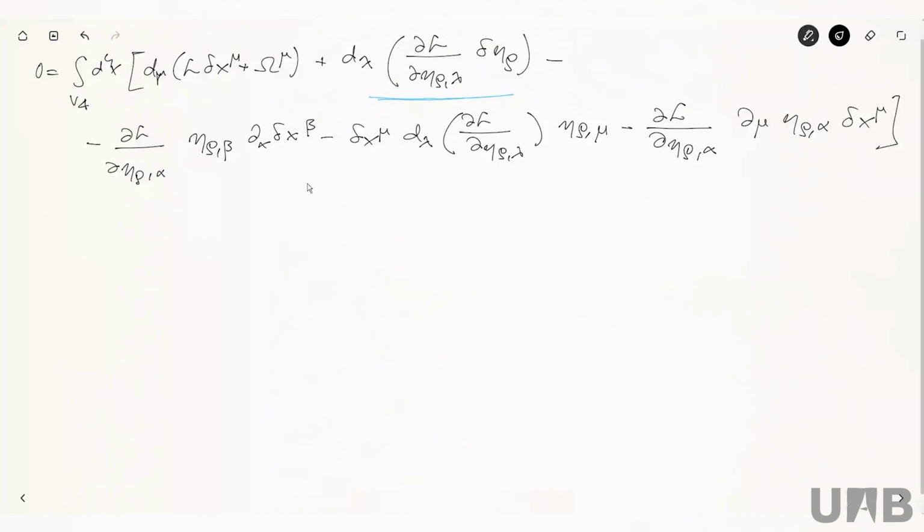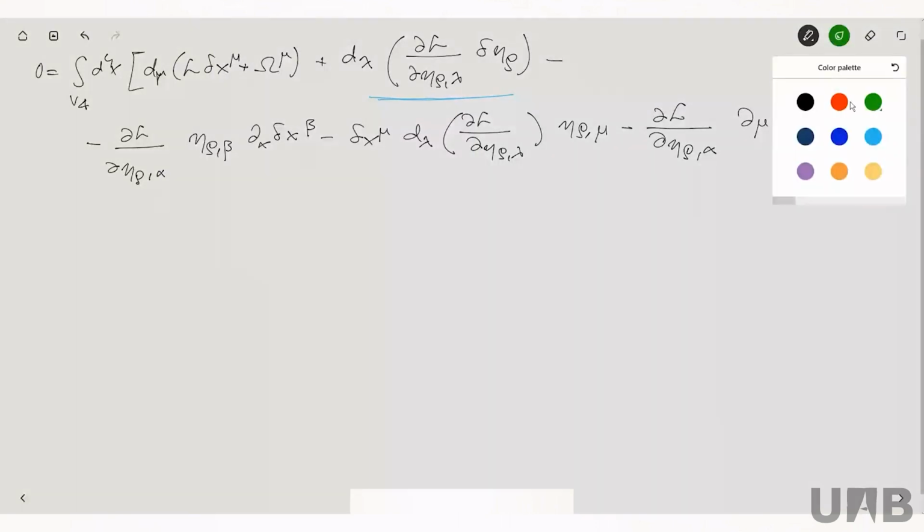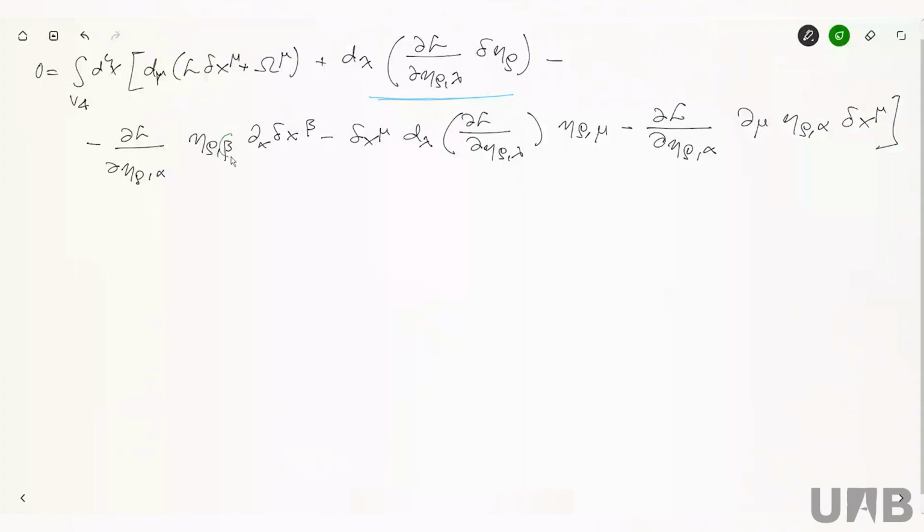Now, the first thing we do to group together more of these terms is, again, to change the names of these indices. This beta and this beta are going to become mu.